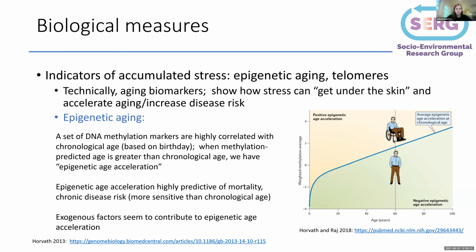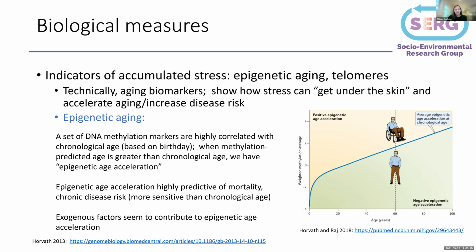So epigenetic aging is a set of DNA methylation markers that are highly correlated with chronological age, your birthday. So when this methylation predicted age is greater than your chronological age, it's said that you have epigenetic age acceleration, that you're molecularly and biologically older than what your birthday would suggest.